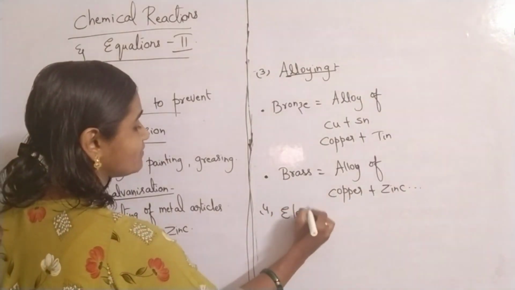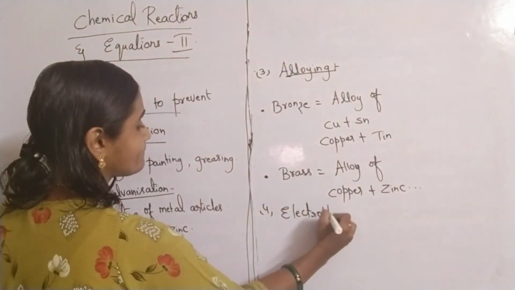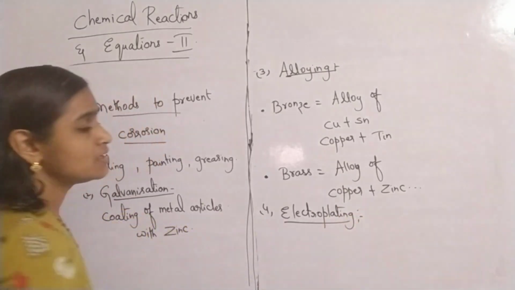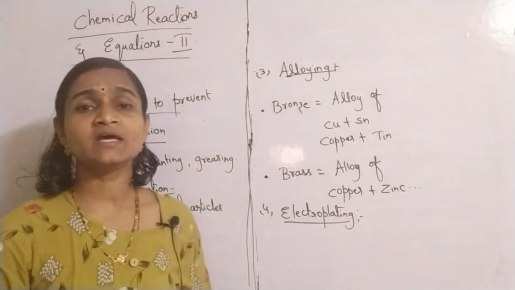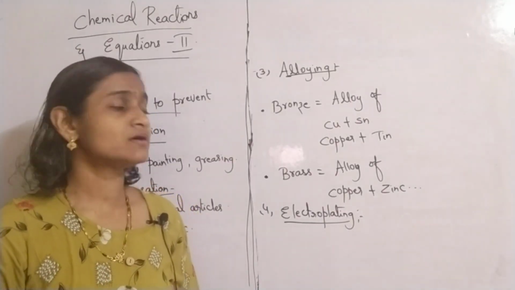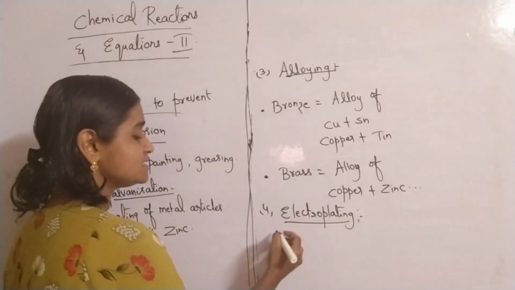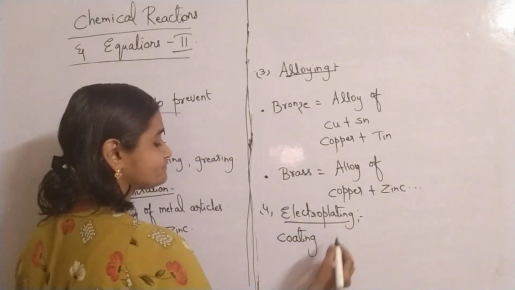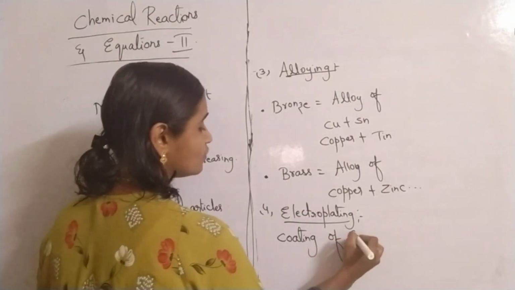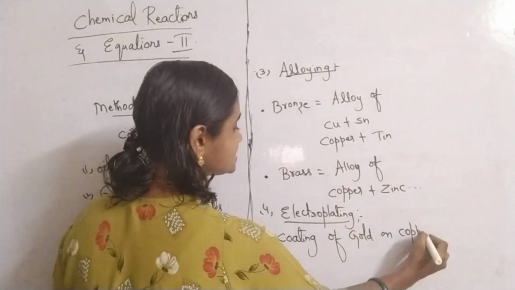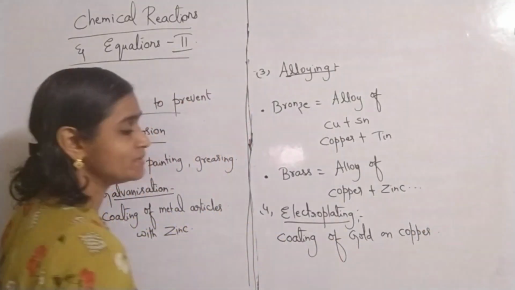And finally you have electroplating. Electroplating means coating of a superior metal over an inferior metal. Like gold coating, coating of gold on copper. Copper is a cheap metal, gold is a costly metal.